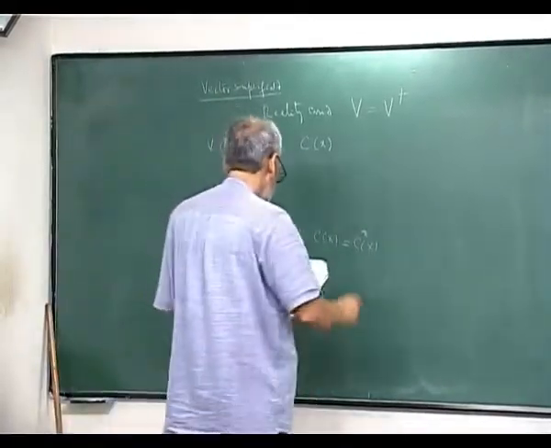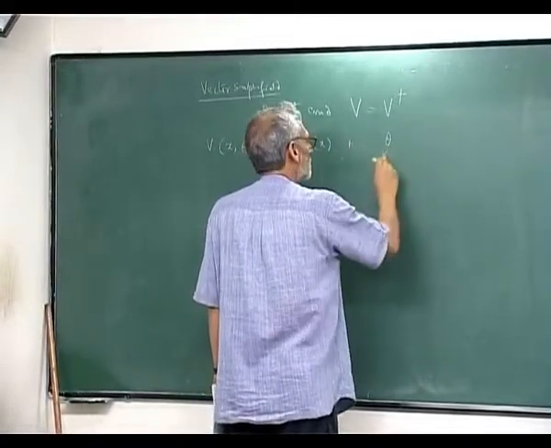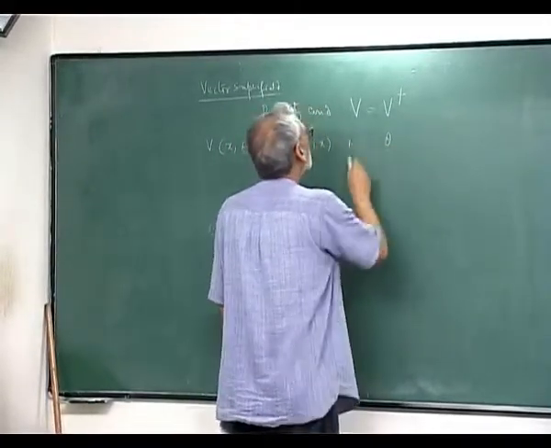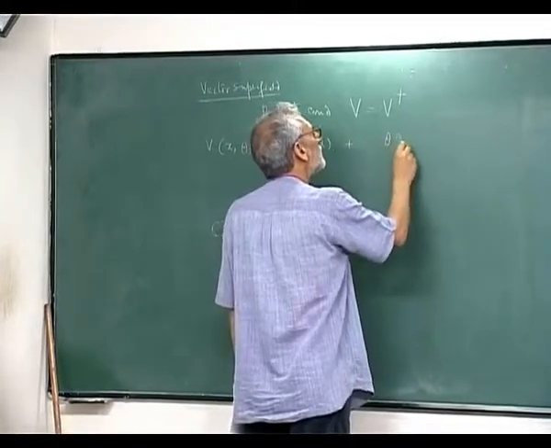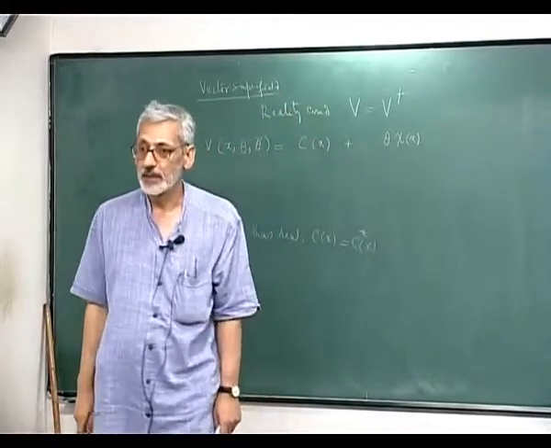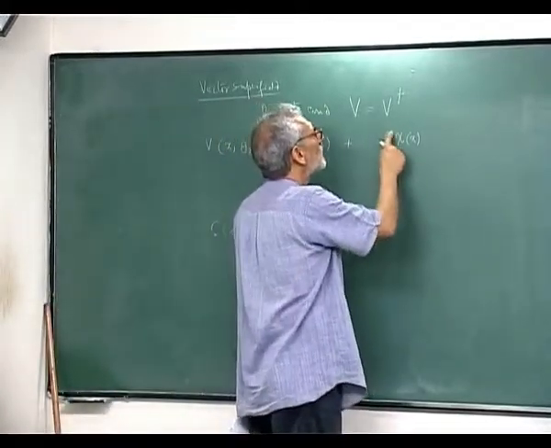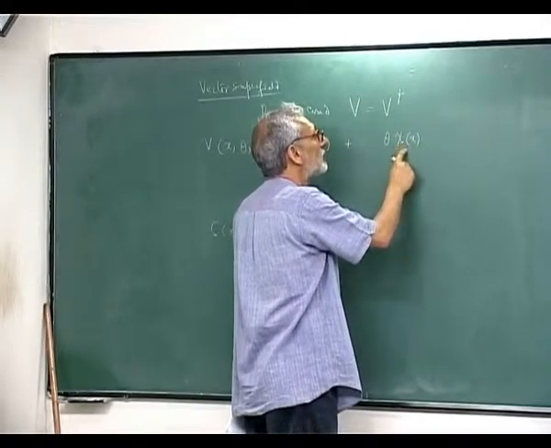Then linear terms in theta. So theta, a spinorial object, times a spinorial object chi, which depends on space-time x. This is shorthand notation for theta alpha up, chi alpha down.